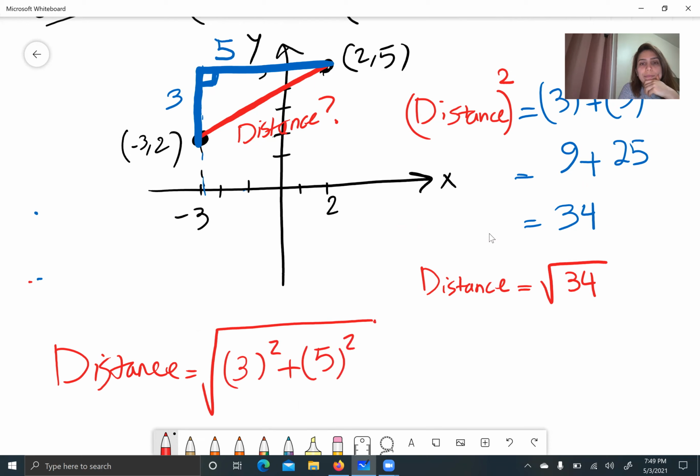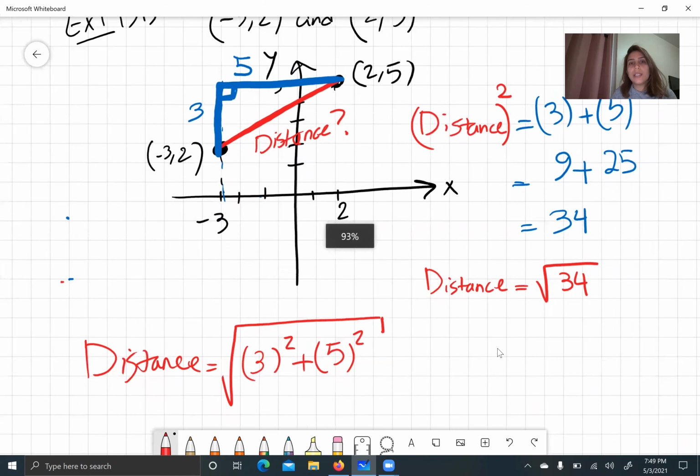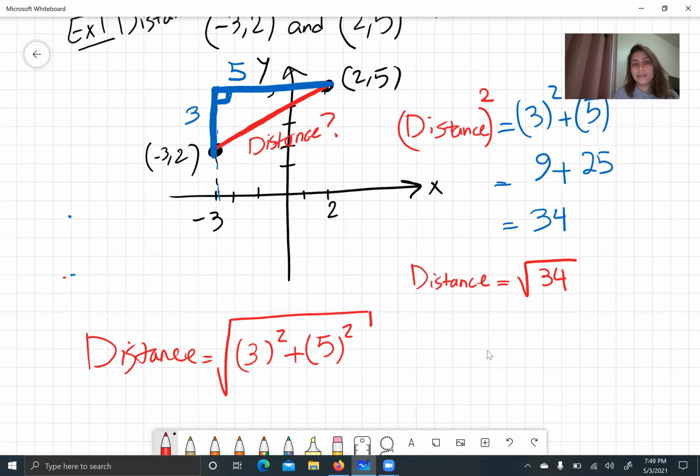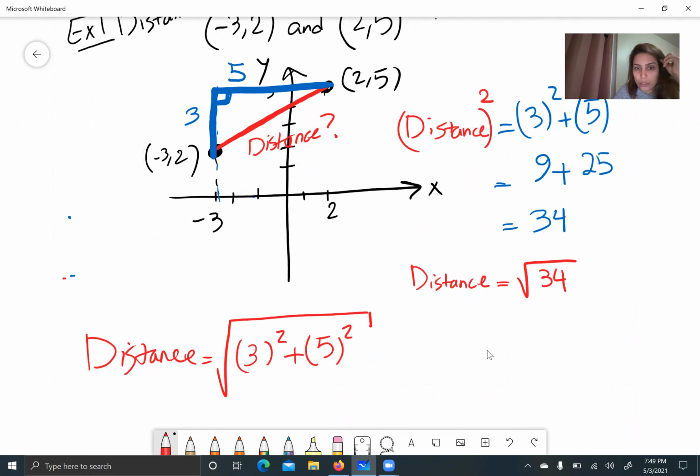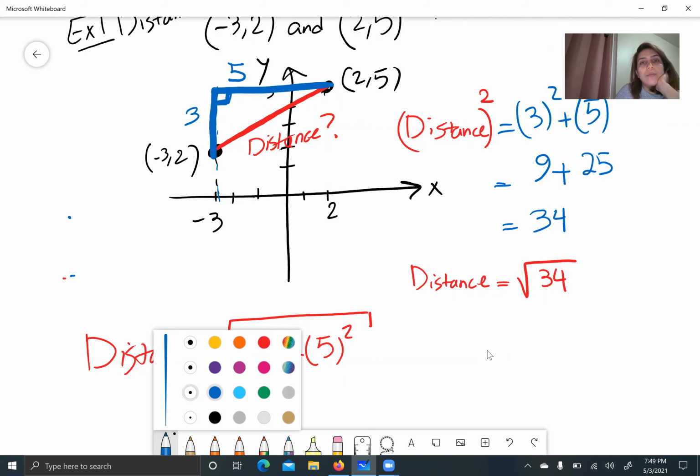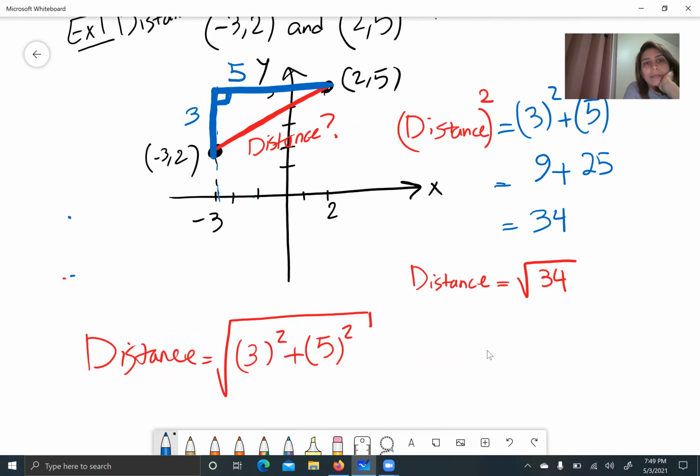So if I can come up with what 3 represents in this question, and what 5 represents in this question, then we can come up with a formula. Look, what is 5? The value of 5 is in fact the distance between 2 and -3.